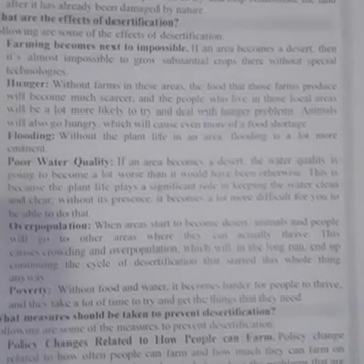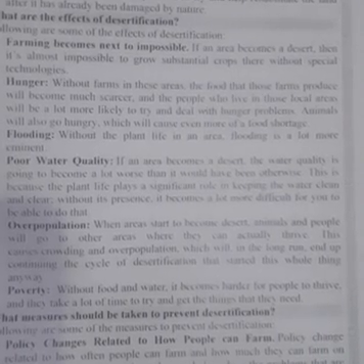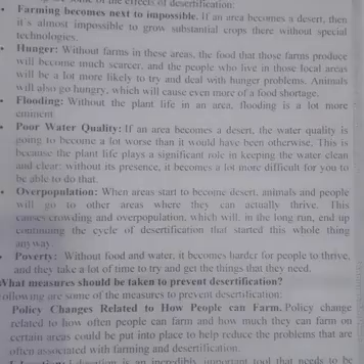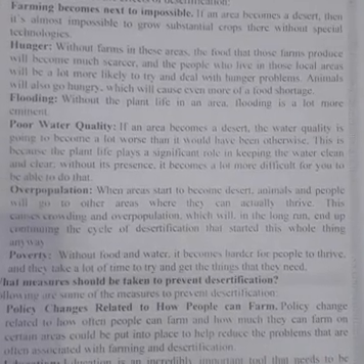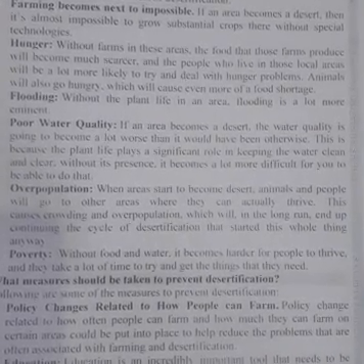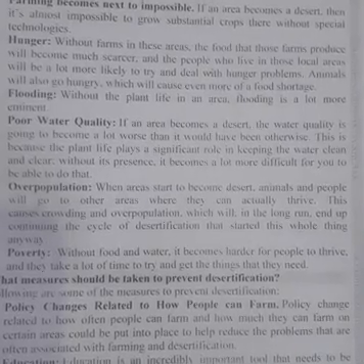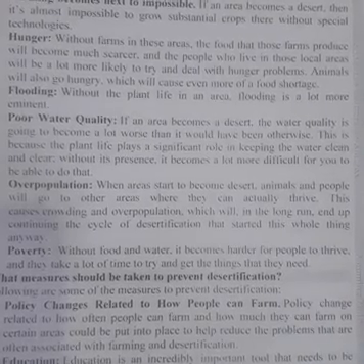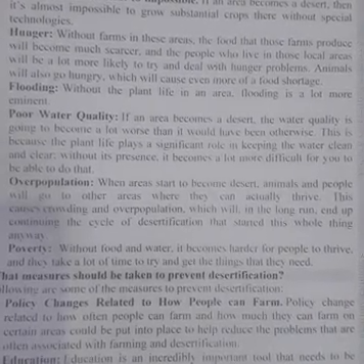Flooding. Without plant life in an area, flooding is a lot more imminent. Poor water quality. If an area becomes desert, the water quality is going to become a lot worse than it would have been otherwise. This is because plant life plays an important role in keeping the water clean.